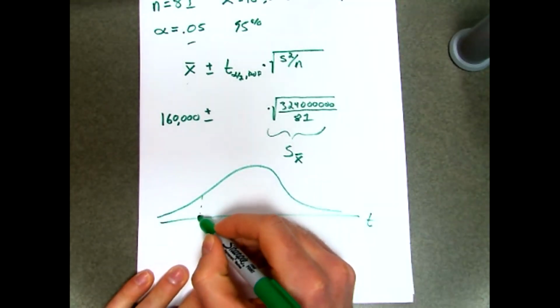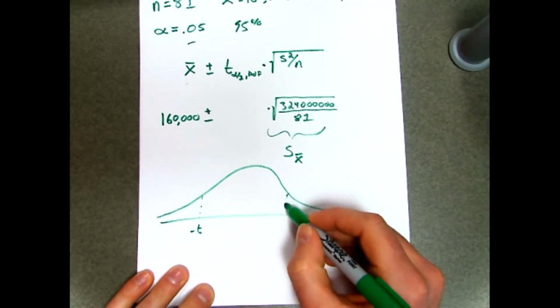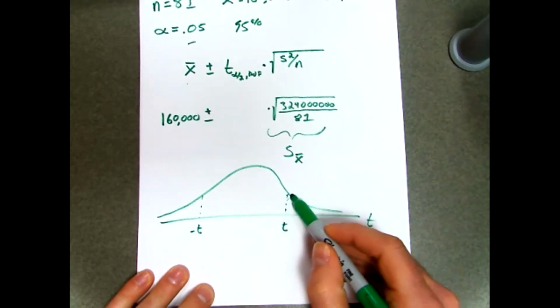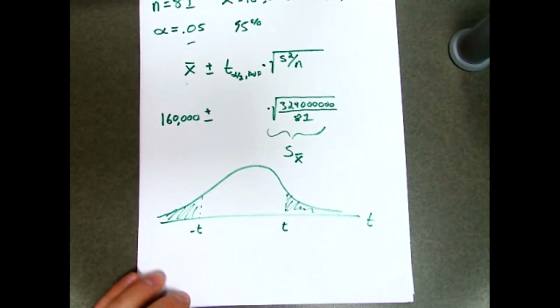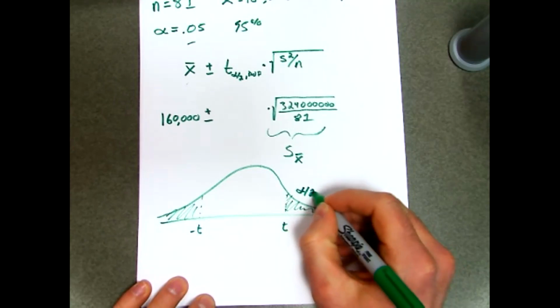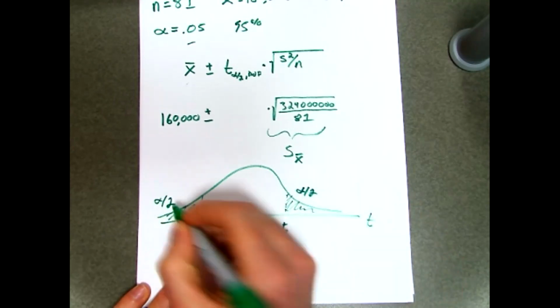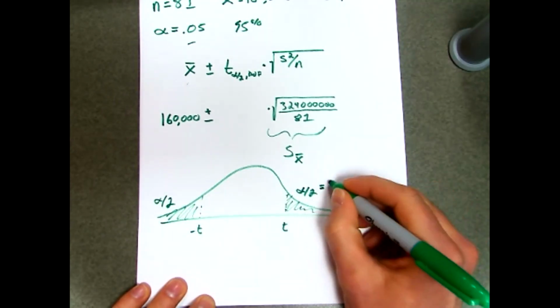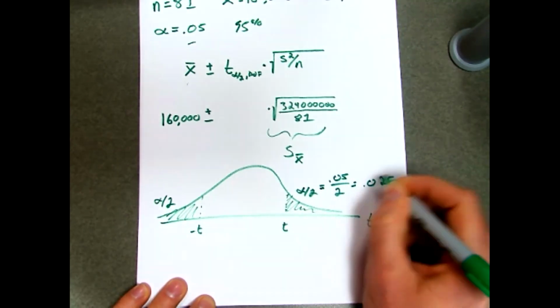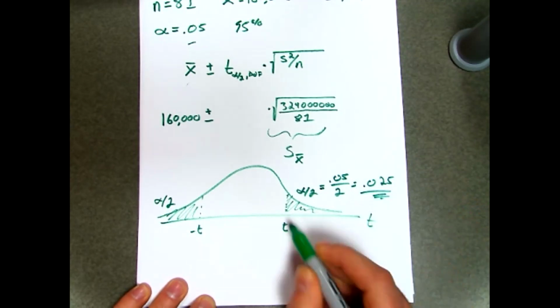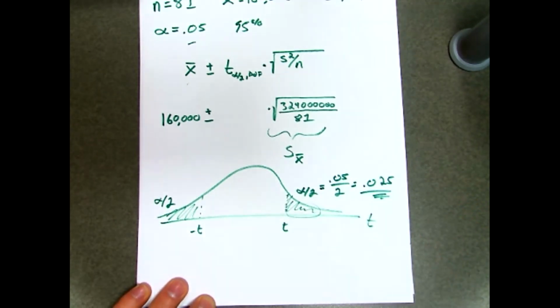So how many standard deviations above and below do I need to go to get alpha total in those tails, or on each side of my interval? Well, if I've got two sides, there's going to be half of alpha on each side. My alpha was 0.05 over 2. So the area that I want in each one of these tails is 0.025.